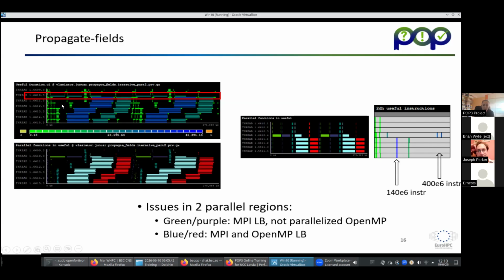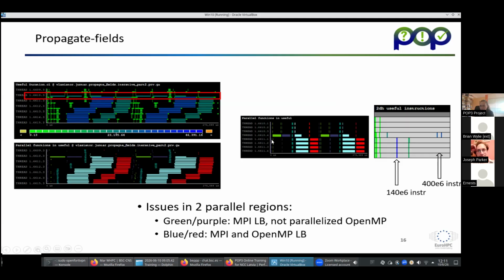So what are we seeing here? We are seeing several processes. Each process has its 4 threads. And in this window here, what you see is the OpenMP parallel region, when the OpenMP threads are inside an OpenMP parallel region. If we zoom a bit more on only 2 of the processes, one process here and another one here, what we see is that the green region is not well distributed among MPIs, because only this MPI is executing green.